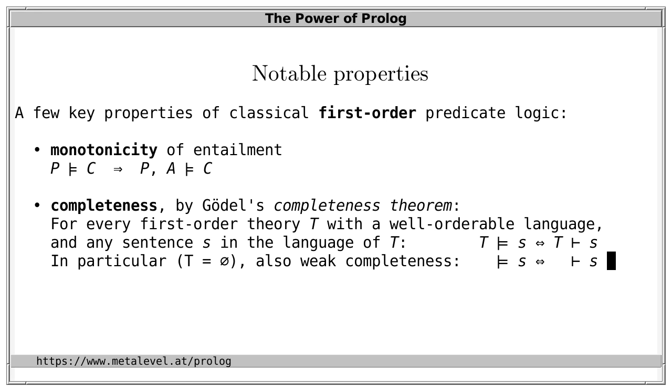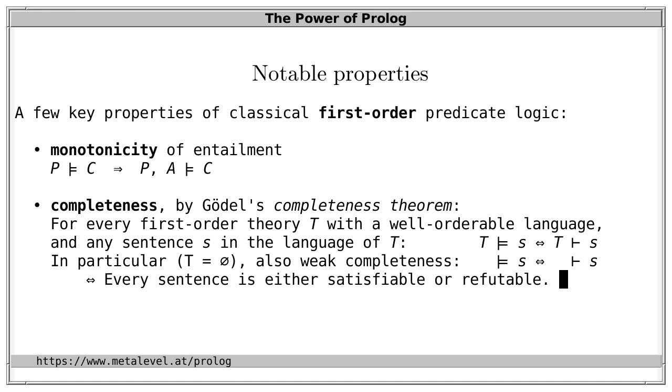Because if a formula is valid, then there is a proof. So we only have to systematically search for a proof, and if the formula is valid, then due to weak completeness, we will find a proof. An equivalent way to state this is to say that every sentence is either satisfiable or refutable.